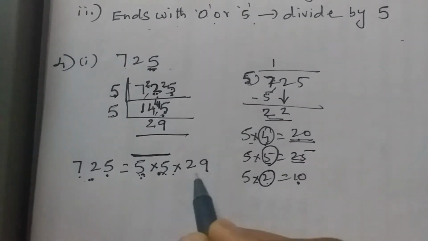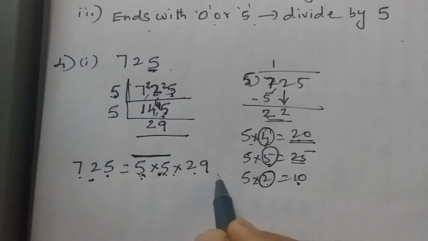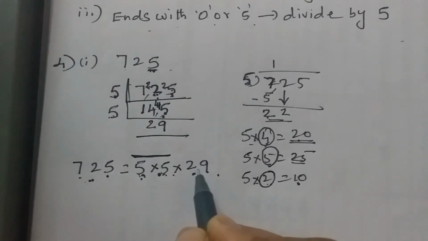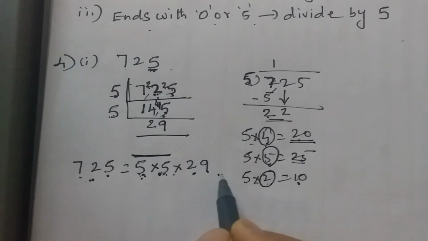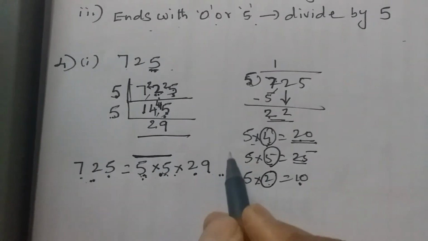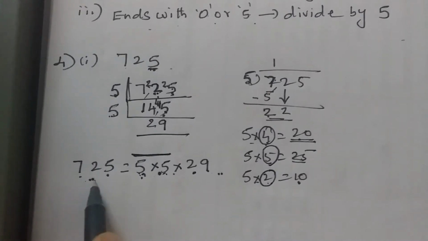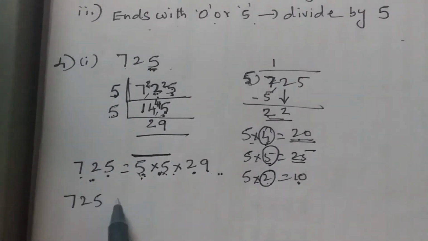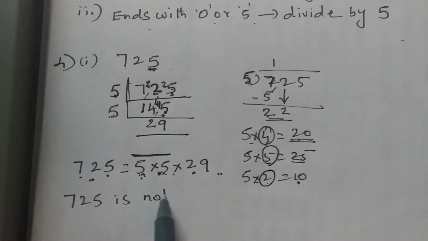But 29, do you have another 29? To make it a square number, we need one more 29. But only one 29 is there. There is no other 29 to make it a perfect square. So this 725 is not a perfect square.